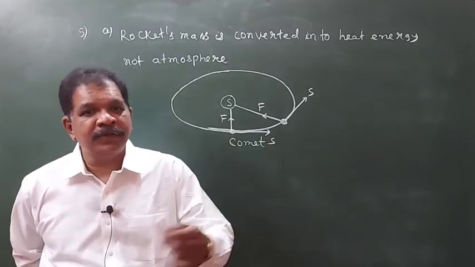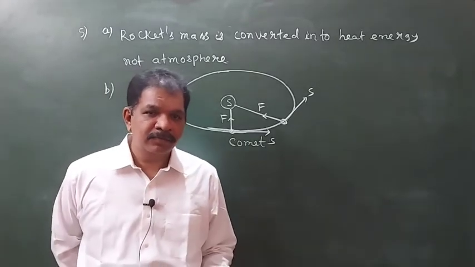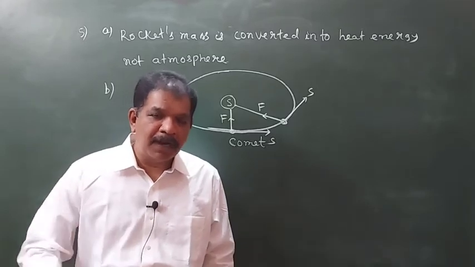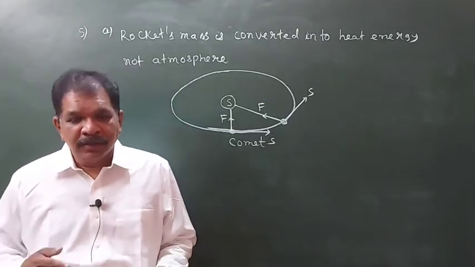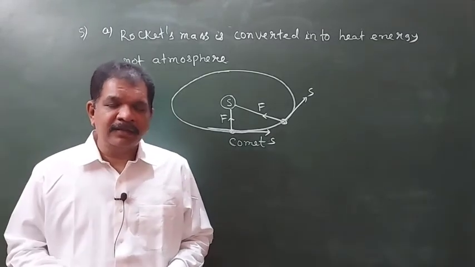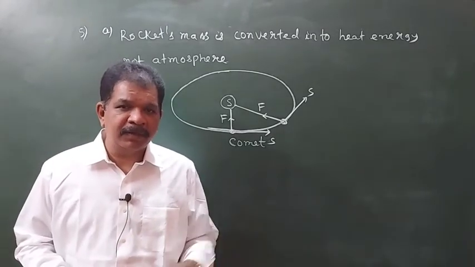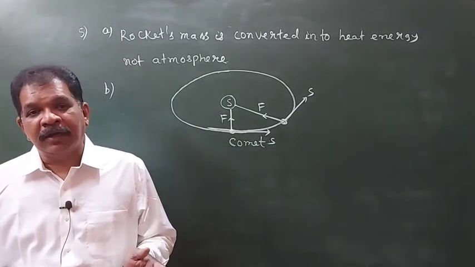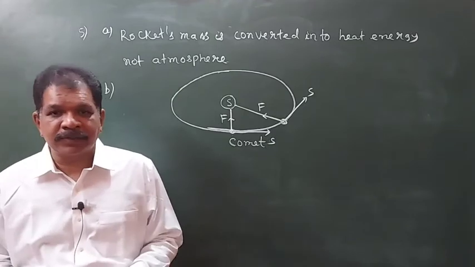Okay. A force did some work, and that work depends on the path followed by the body. In which path that body has moved, on that path this work is dependent. Then this force will be called a non-conservative force.